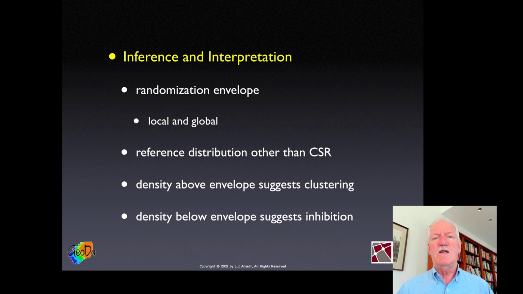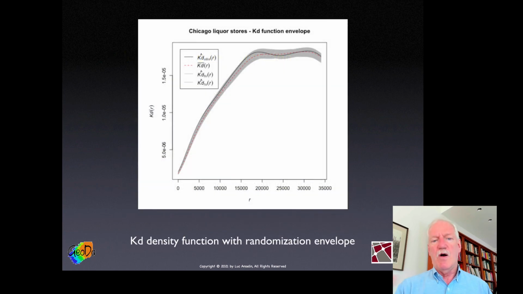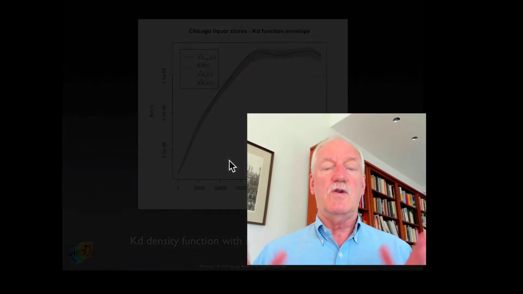The idea is that you simulate that other distribution, create a randomization envelope for it, and then compare your actual density function to that envelope. In the case of the liquor stores, we don't find a lot of evidence of clustering. There's a little bit of clustering, maybe at very small distances, but other than that, there's really not too much there. So this concludes my very cursory treatment of the K function.